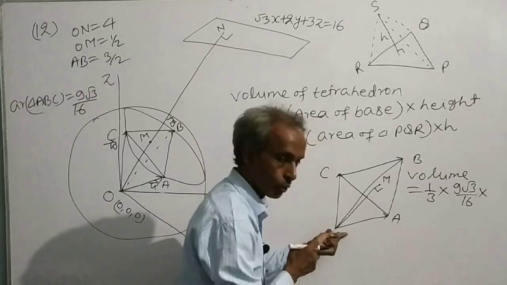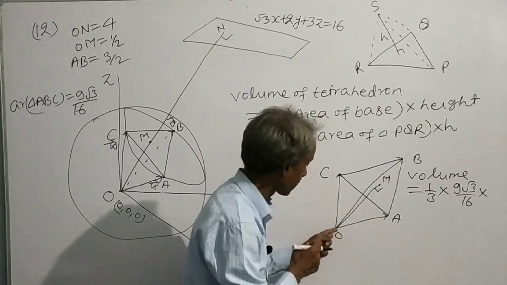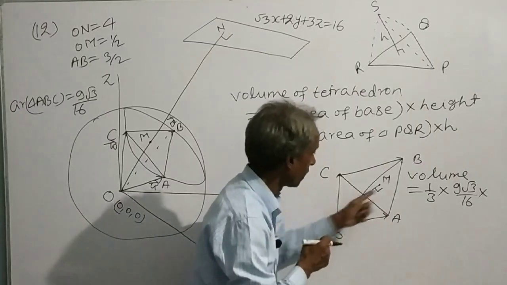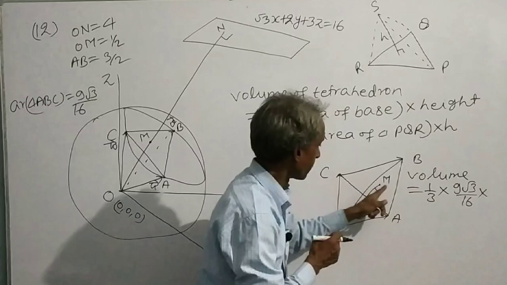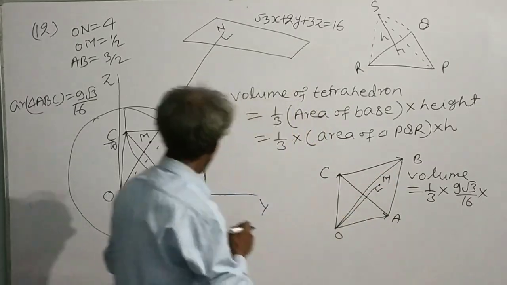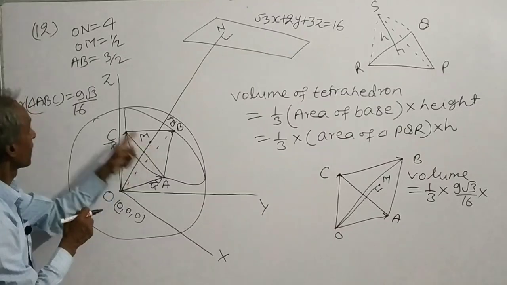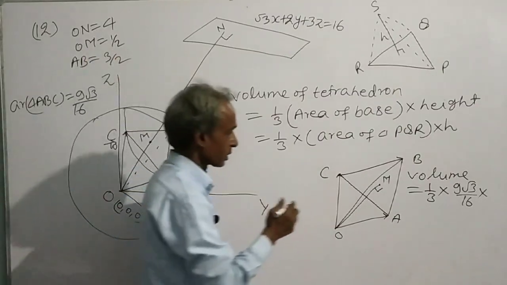Suppose O is the vertex and we draw perpendicular OM over the triangle ABC. Then OM is perpendicular and OM is already equal to 1 by 2.